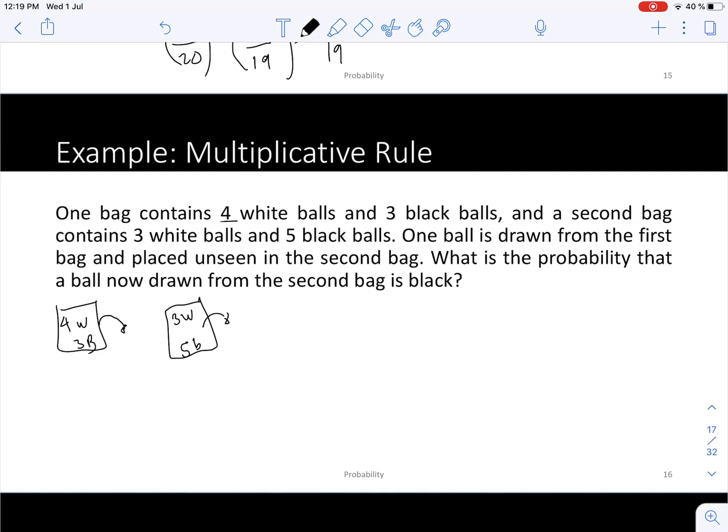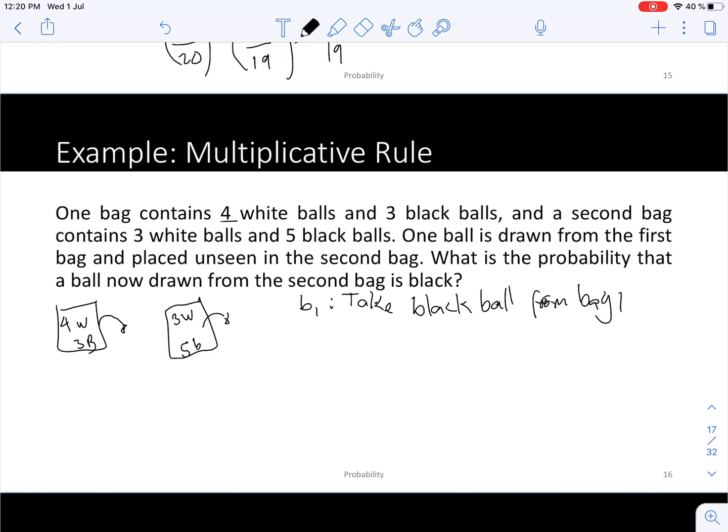Therefore, I'm going to define the events. From the first part, we have 2 scenarios. One is that they take a black ball from bag 1, that's the first scenario, right?